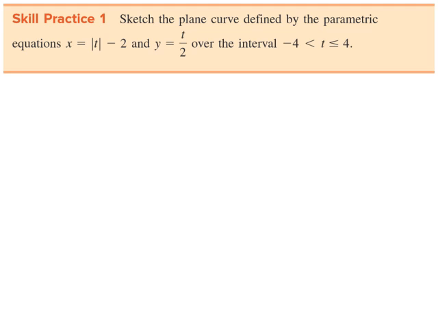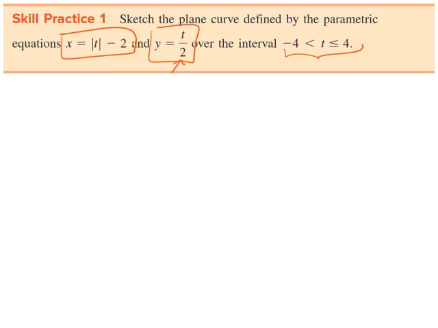Let's try this one. We're going to do the exact same thing as before. We have two equations, this one, and this is our interval. Notice that -4 is not included, but 4 is.